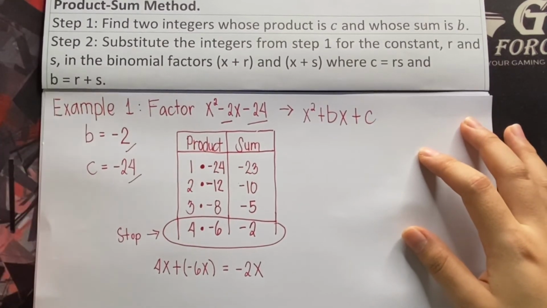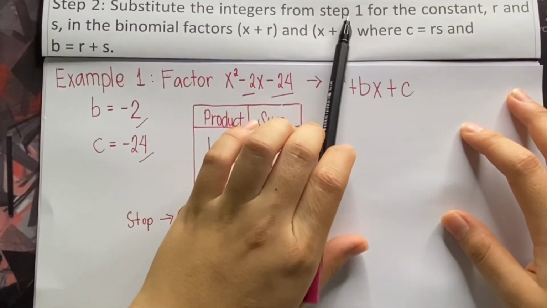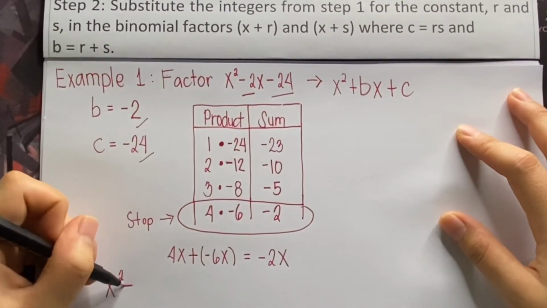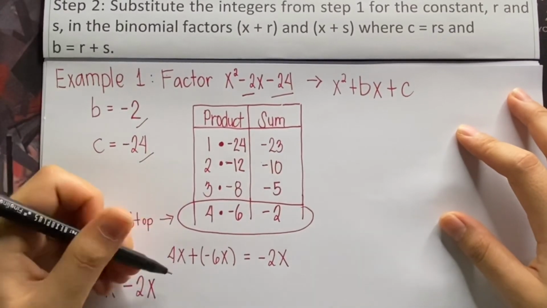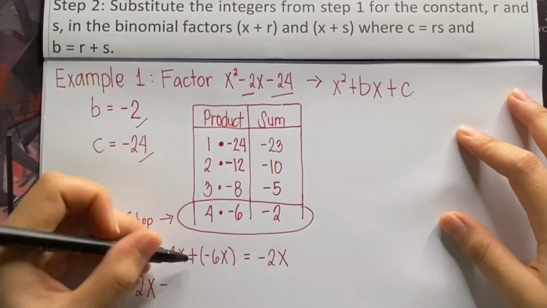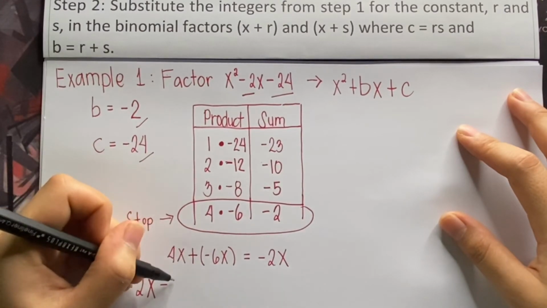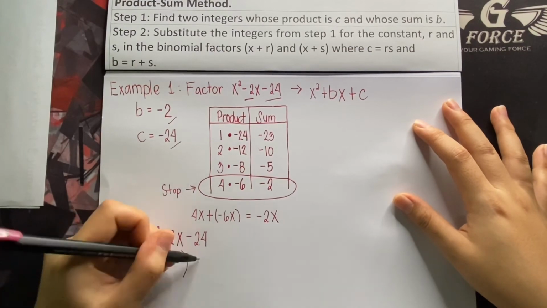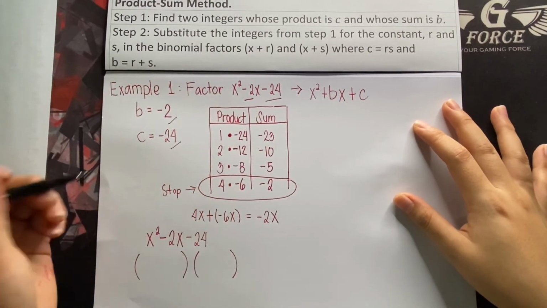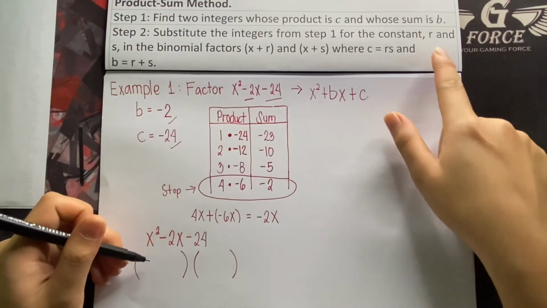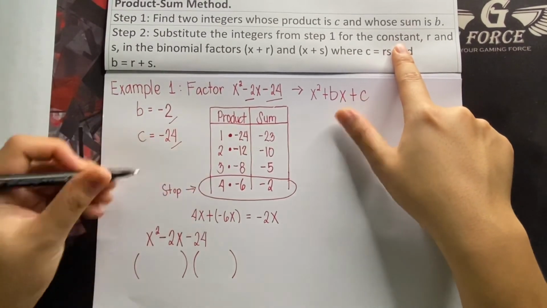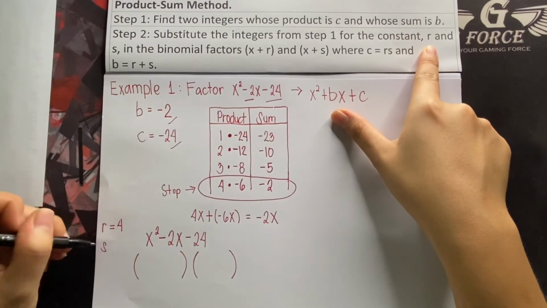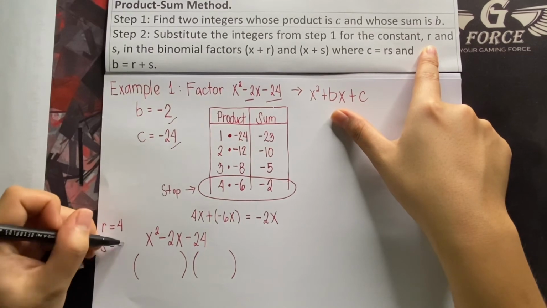Step number 2. Substitute mo raw sa step 1. So, sulat ulit natin yung given. X squared minus 2x minus 24. Sabi sa given, ang constant daw na nakuha natin ay si r, 4, then si s, negative 6.